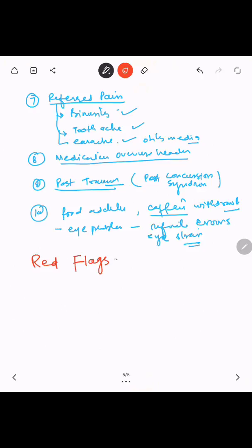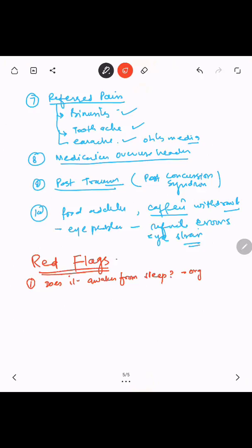If you are taking a lot of caffeine and you withdraw suddenly, caffeine withdrawal headache can be there. Okay, and among other causes, there can be eye problems like refractive errors of the eye, and eye strain. This can lead to headache.